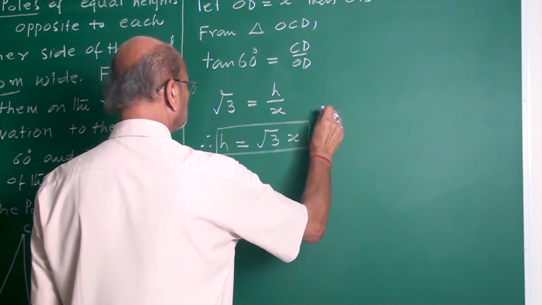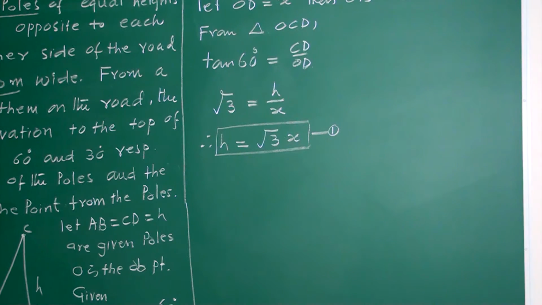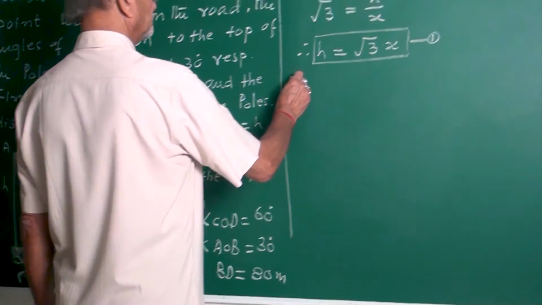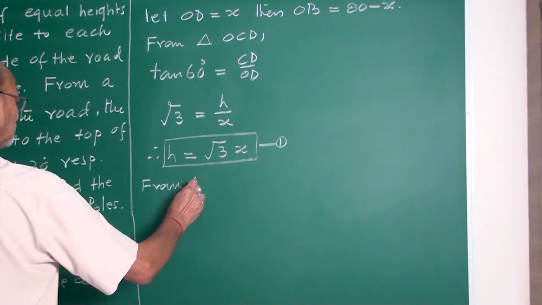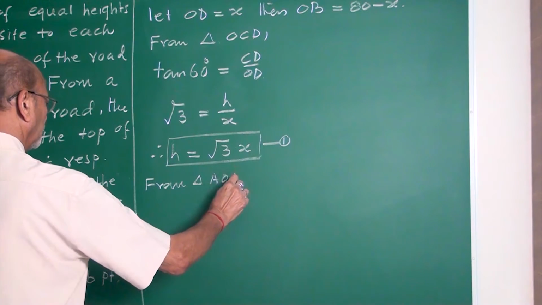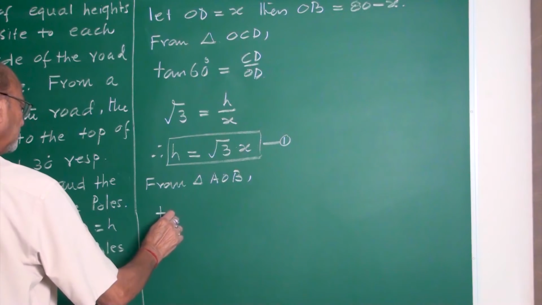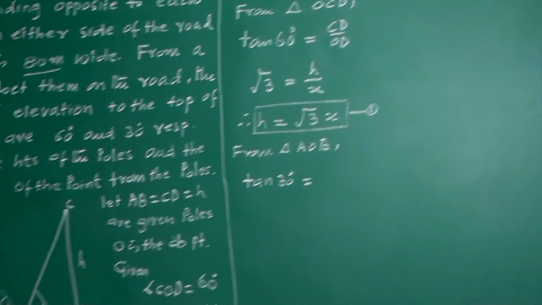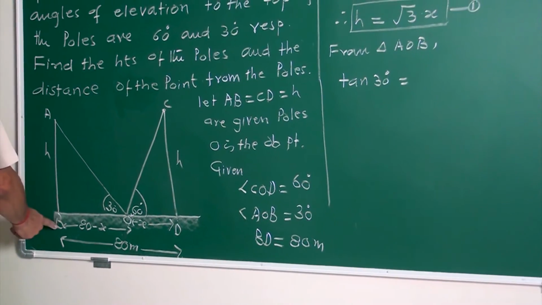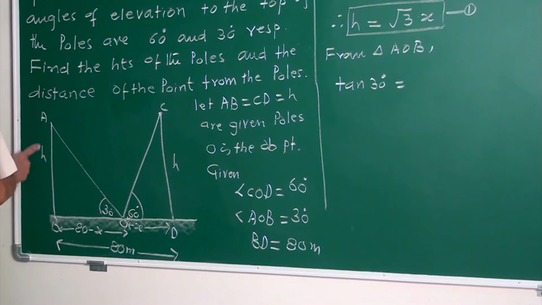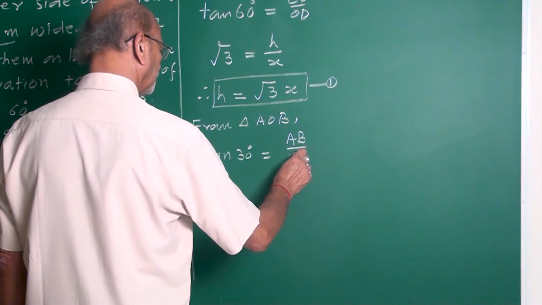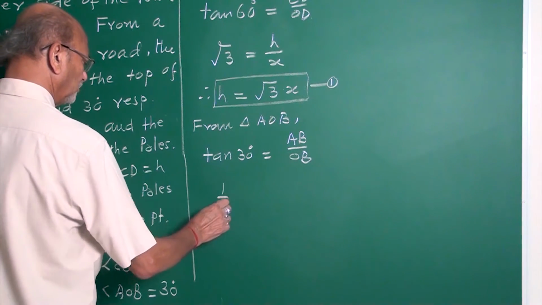Similarly, from the other triangle AOB, the second triangle, we have tan 30, as the angle in the triangle is 30 degrees. Tan 30 is opposite side AB upon adjacent side OB, and tan 30 is 1 by root 3.